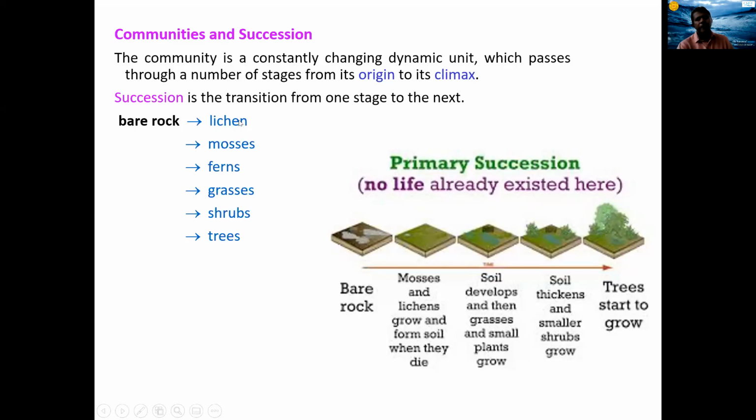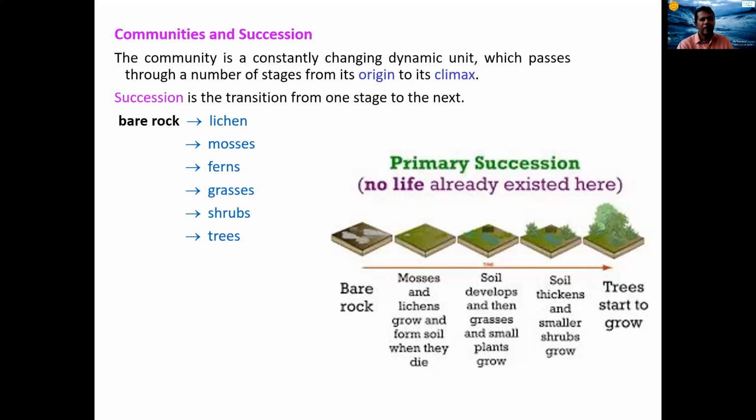So one thing here is whoever comes first, like lichens and mosses, right? Now we can think of the things that we learned, the dispersal. You remember something called dispersal, range expansion, right? For example, on bare rock there is no life. Through dispersal, new plants or animals come into that place, right?